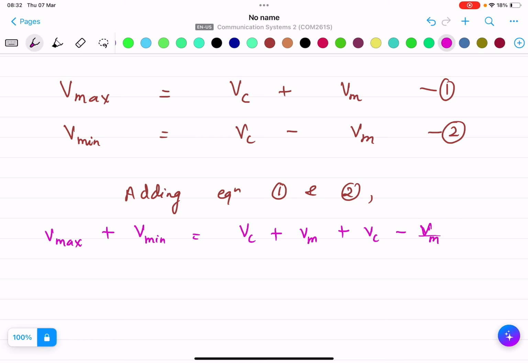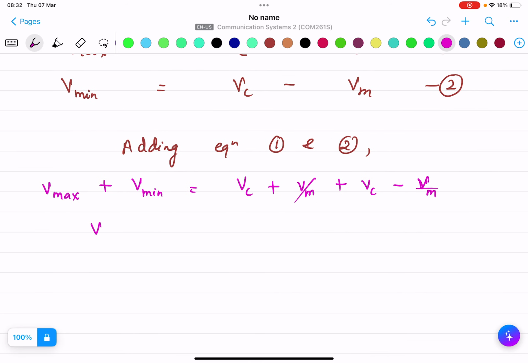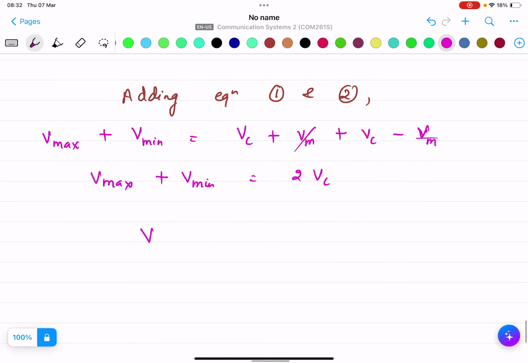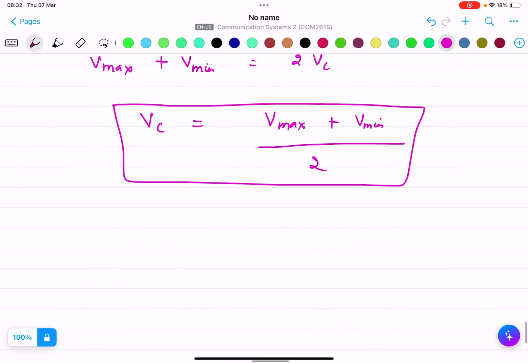So the Vm cancel out, so it will be Vmax plus Vmin equals to 2Vc. That means Vc will be Vmax plus Vmin divided by 2. So this is the formula of Vc in terms of Vmax and Vmin.